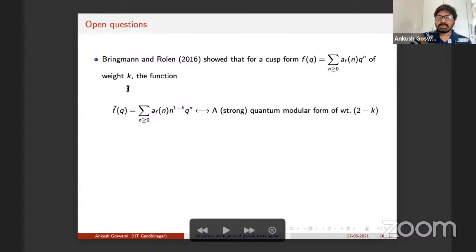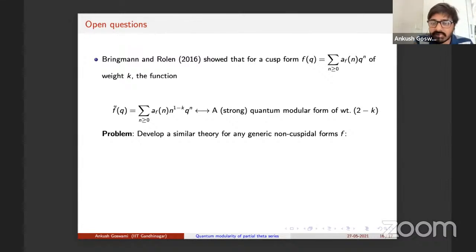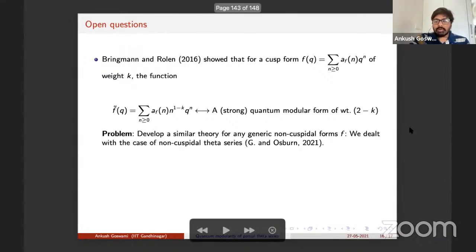But because k is not necessarily an integer, you can actually think of that as a generalization of the antiderivative. So Brinkman and Rowland showed that this function f tilde is basically a strong quantum modular form of weight 2 minus k. And the question here is, develop a similar theory for any generic non-cuspidal forms f. And what we did in our work is we considered the case of non-cuspidal theta series.